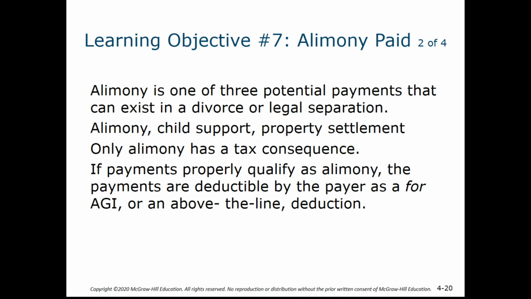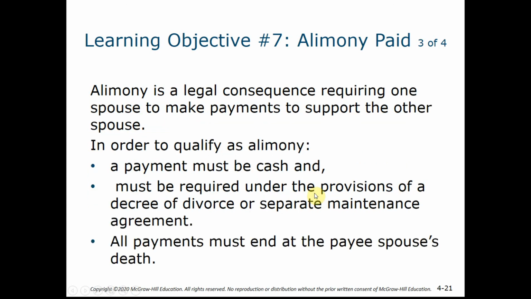And then the recipient of the alimony or maintenance would have to report it as income. There, of course, is no deduction or reporting of income for child support or property settlements. So no tax consequences for those two.